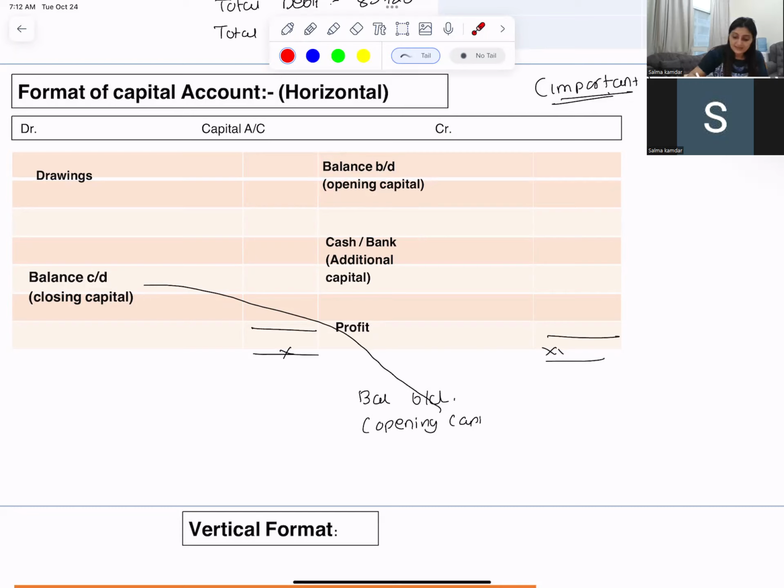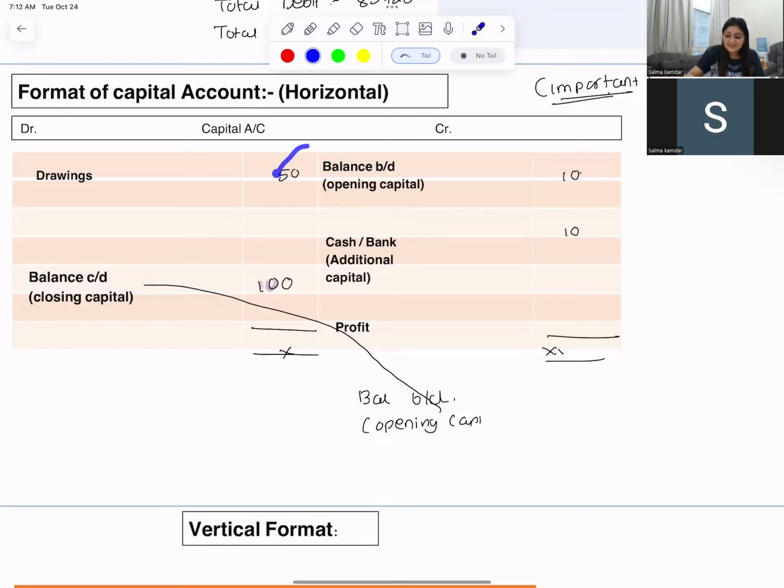Say, for example, your closing capital is 100. Your drawings was 50. You started your business with 10. You brought in any additional capital as 10. Find out the profit for the year. So what do you do? You do the total of the side which is more, where I can clearly see my debit side is more.